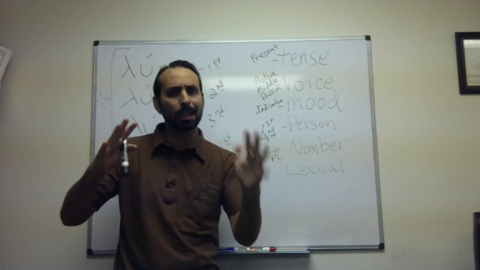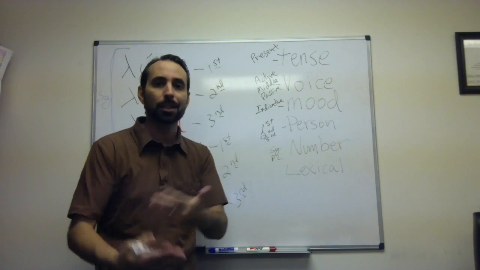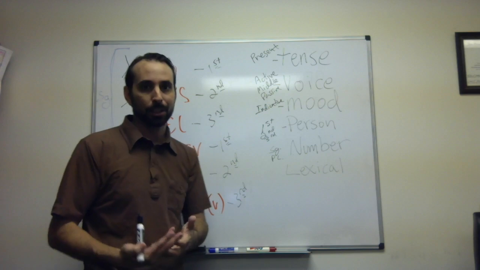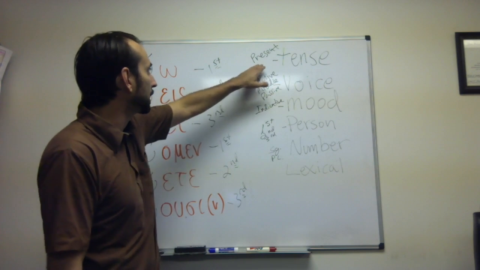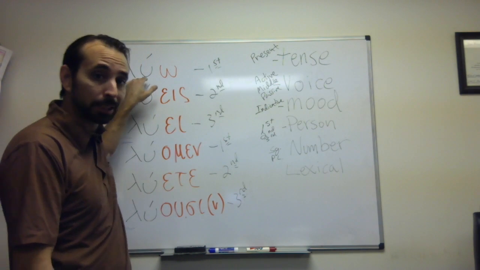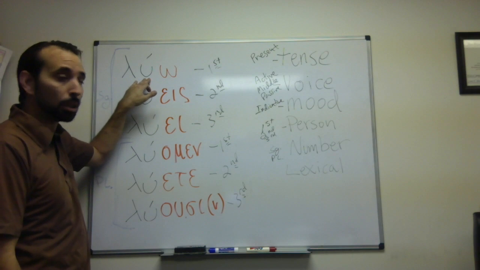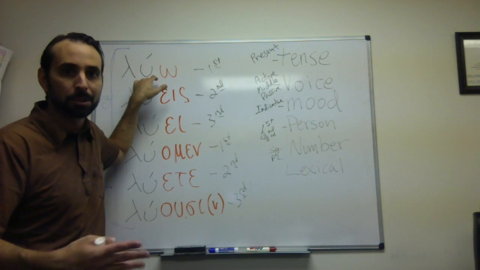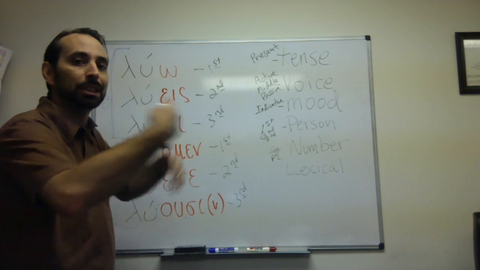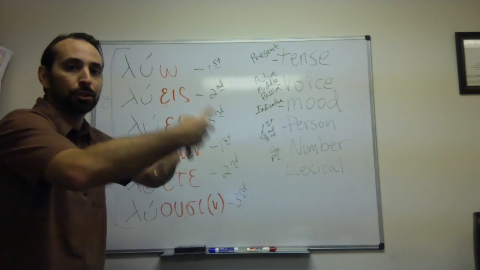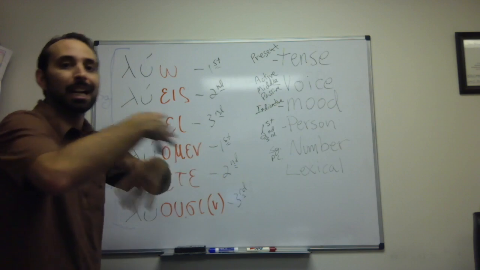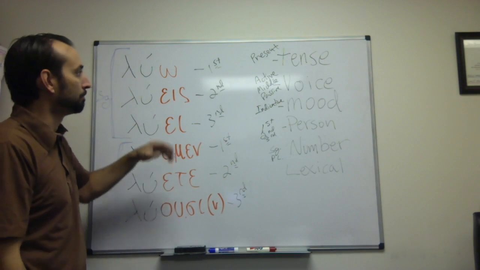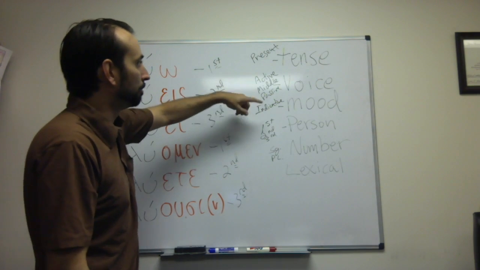What they want to know is what kind of action? Oh, that's durative, present, ongoing action. So the way I would translate a present tense is you could translate it I loose. So if I had luo, I would translate it I loose, or more technically, though it's cumbersome, I am loosing. Notice the present durative action, not just I loose, but I am loosing. Okay, so that would be tense.